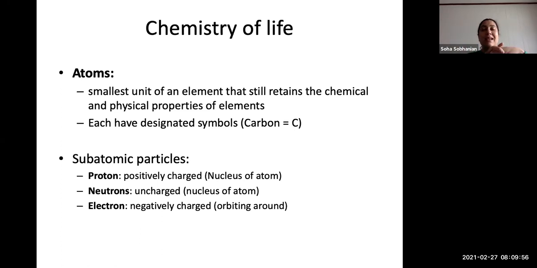The symbol for gold is Au, capital A, lowercase u. So if I say gold is an element in my periodic table, and I take a chunk of gold and take the smallest piece of the smallest piece of the smallest piece of that gold.